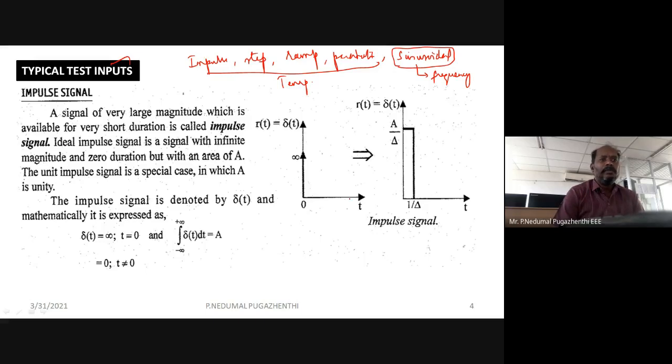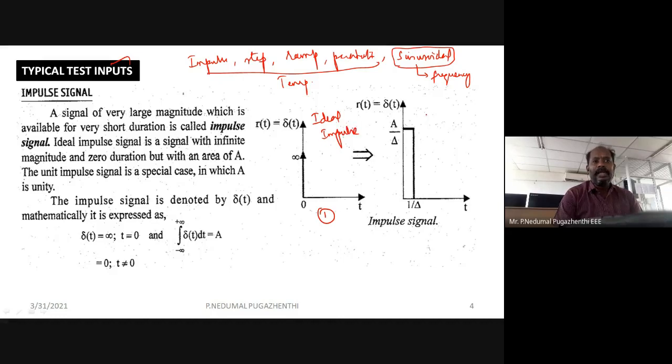The first one, impulse, is an infinite impulse. An impulse is nothing but a sudden change from zero to another state, and the magnitude is going to be infinite. That is what a real impulse is. The first figure is an ideal impulse signal, which is not practically possible.